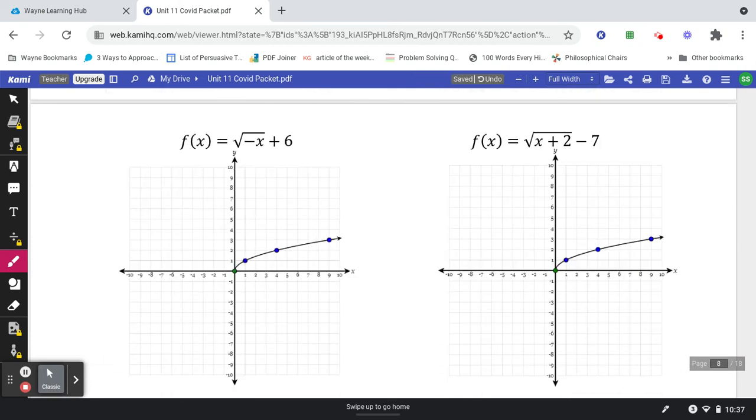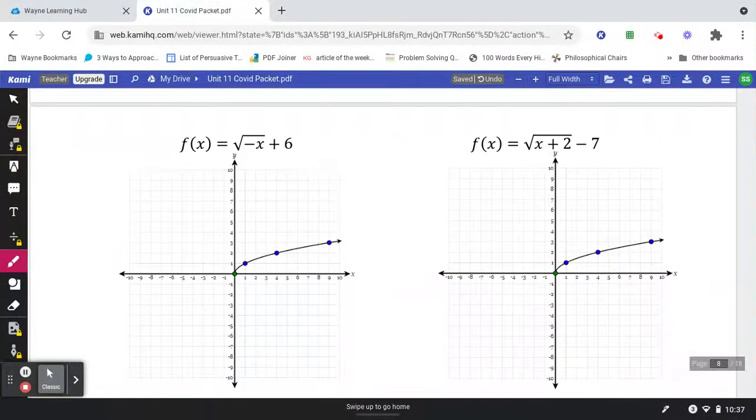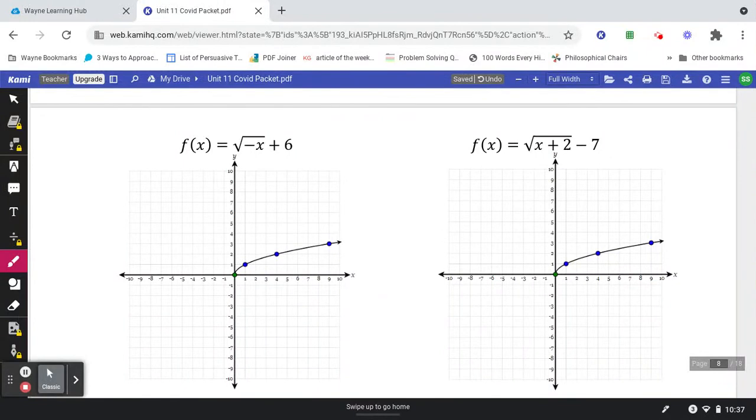All right, then on the back side, we have another graph. This one is our square root graph. The negative is going to flip it left, and up 6. So move up 6, and then instead of going to the right, just make that same pattern to the left.